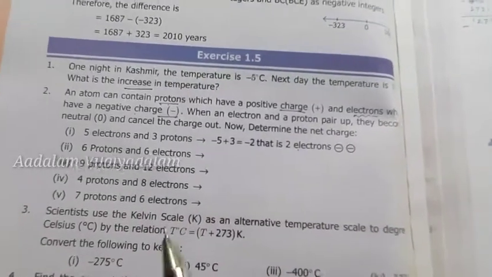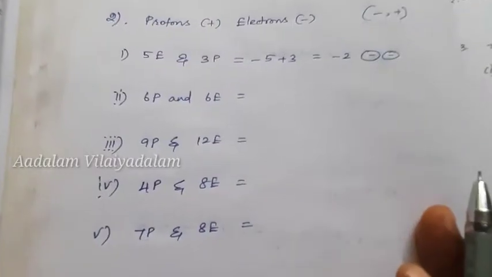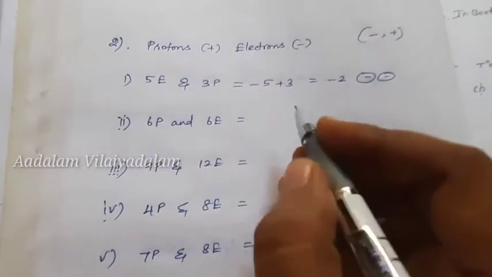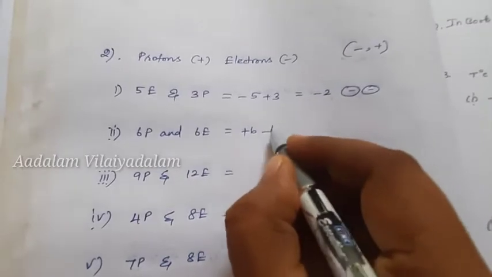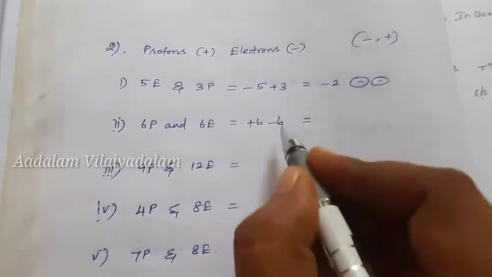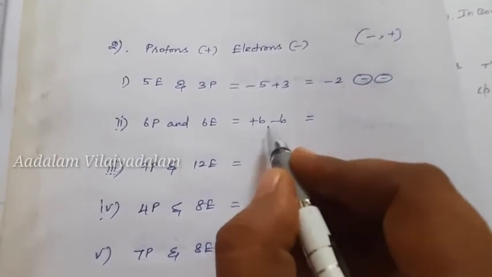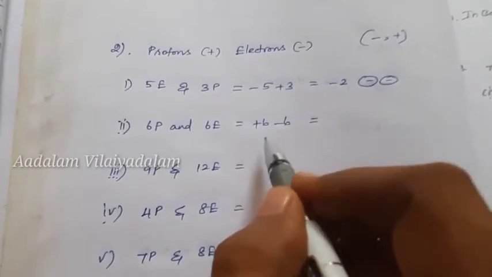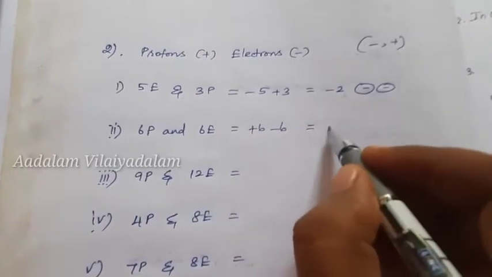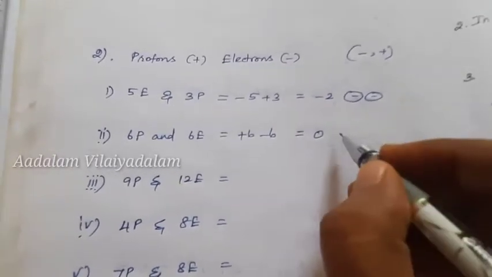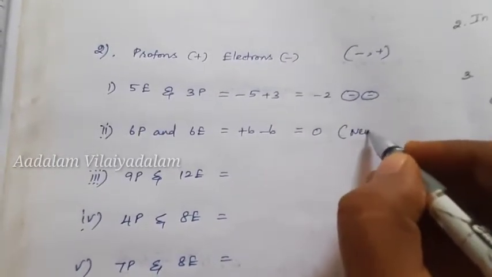Now let's move to the second subdivision. Here 6 protons means plus 6 and 6 electrons means minus 6. Minus 6 and plus 6 means we get 0. That means it is neutral.